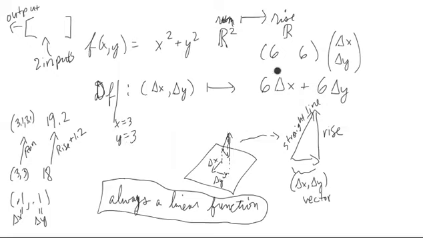Notice that the matrix that describes our linear transformation for the derivative should take on this form, with two inputs and one output. We'll discuss how we actually got this matrix on the next slide. But first, let's just see what's happening.